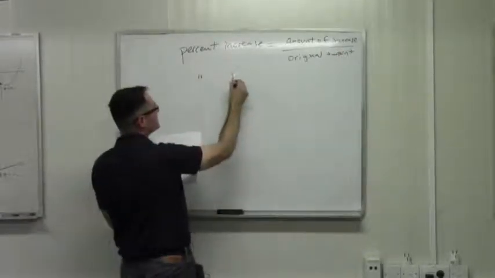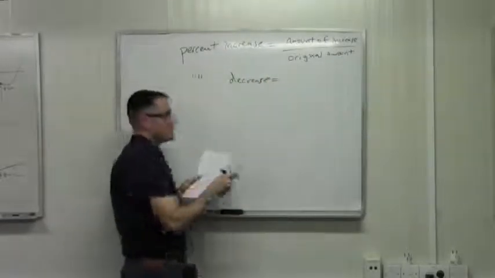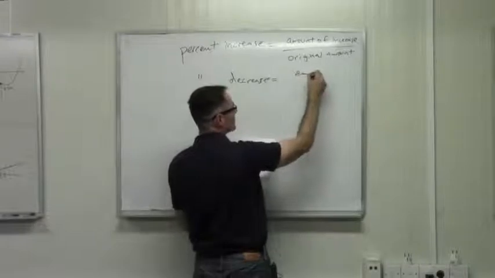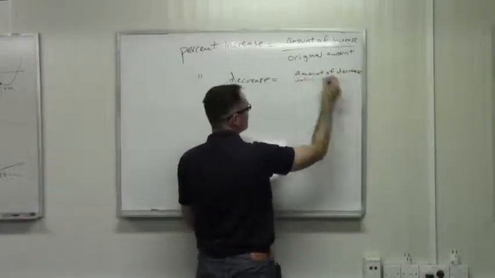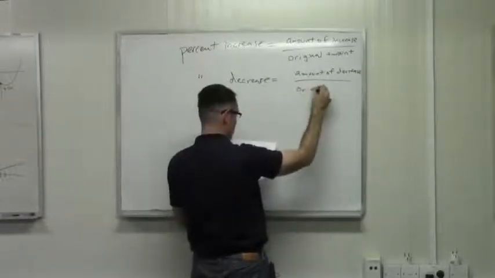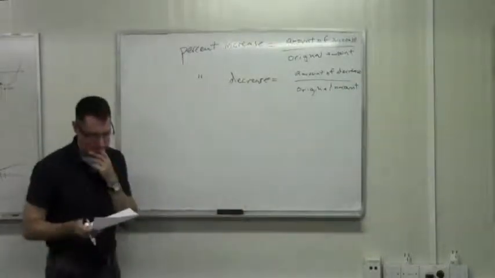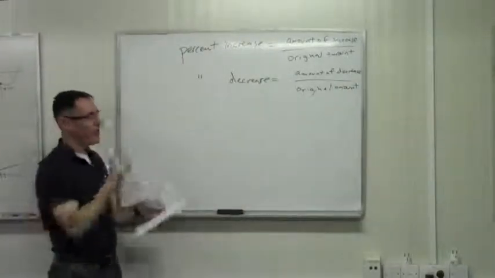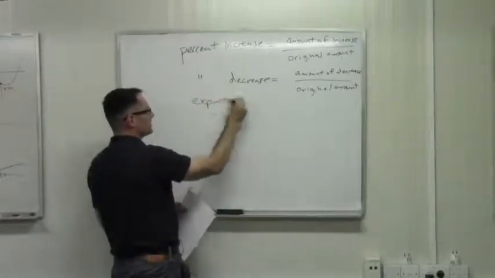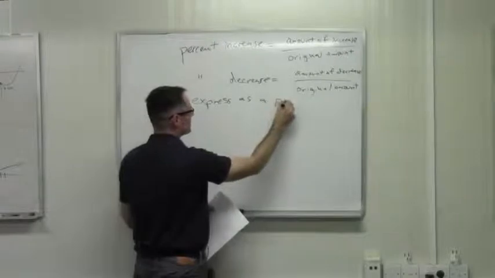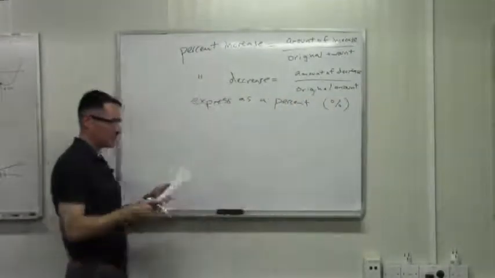The percent decrease is the exact opposite. Amount of decrease divided by the original amount. Okay? But you have to remember to express this as a percent. In other words, with the little percent sign.